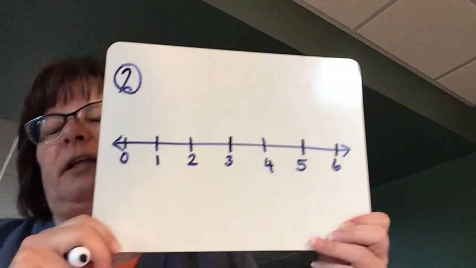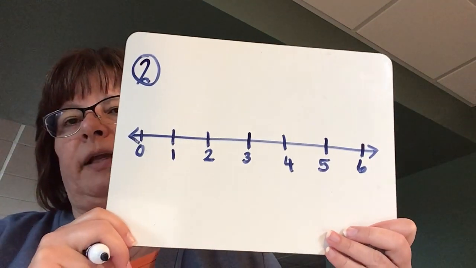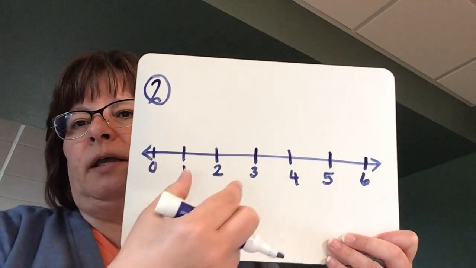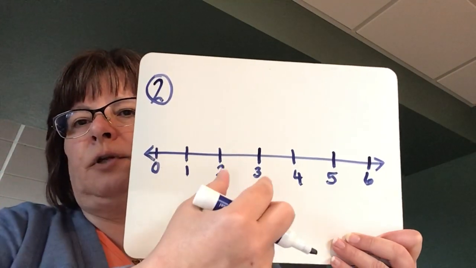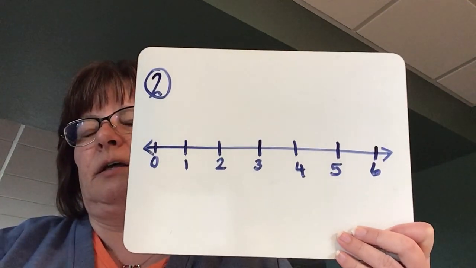All right, and your number 2 on page 240. They've even partitioned it so that the whole is even smaller on this one. Think about how many wholes there are on this one. There's 1, another one 2, another one 3, another one 4, another one 5, another one 6. Okay?